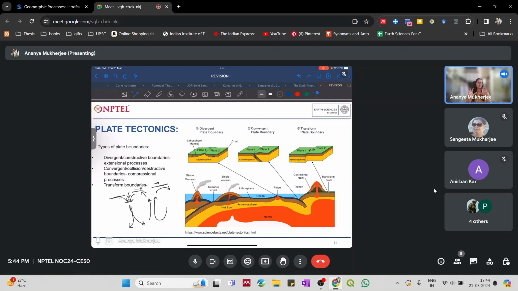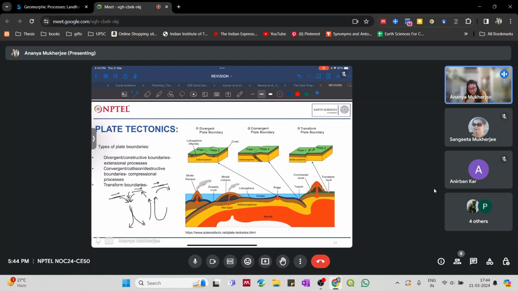So these convection cells are generated because of the differences in the densities of the hot material and cold material, and these circular convection cells are driving the plates either away from each other or towards each other.